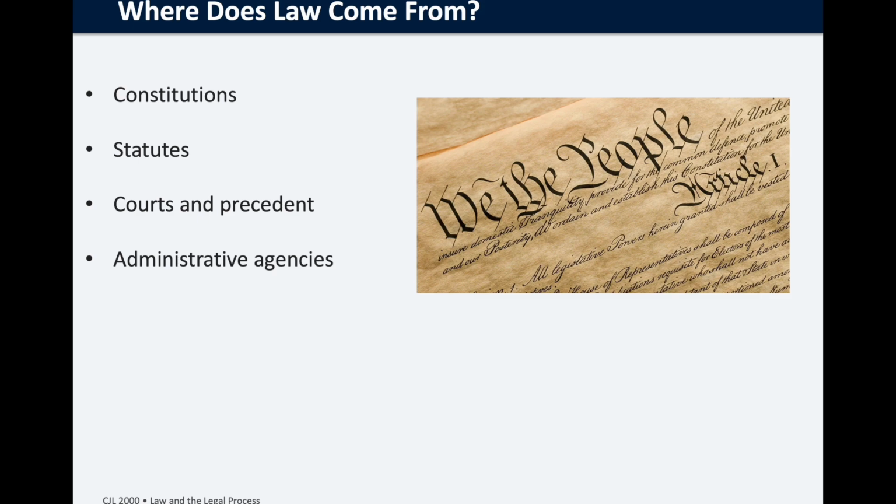The third source of law is created through precedent by judicial decisions. Under common law systems, prior court rulings influence how future cases are decided. And lastly, administrative agencies can create regulations that carry the force of law. Schubert discusses that understanding the hierarchy of legal authority is critical because conflicts sometimes arise between statutes, constitutional rights, and agency regulations. So just remember that the courts are frequently required to resolve all of these conflicts.